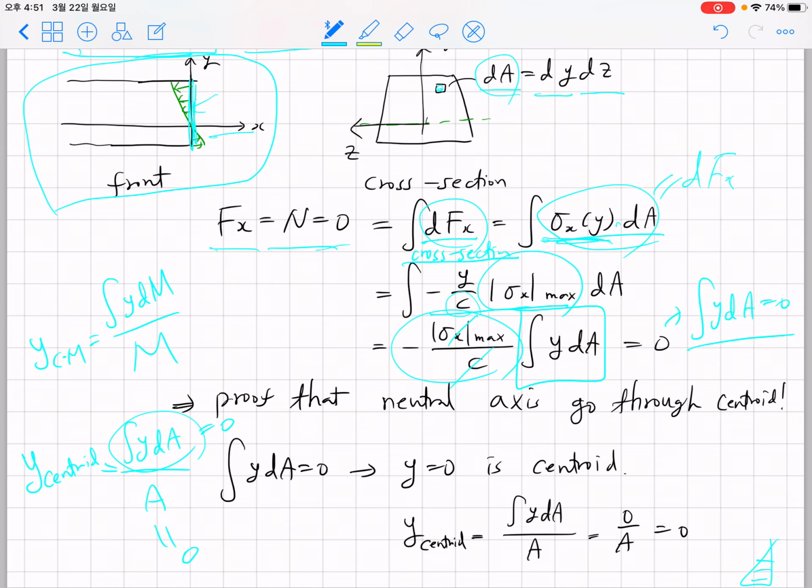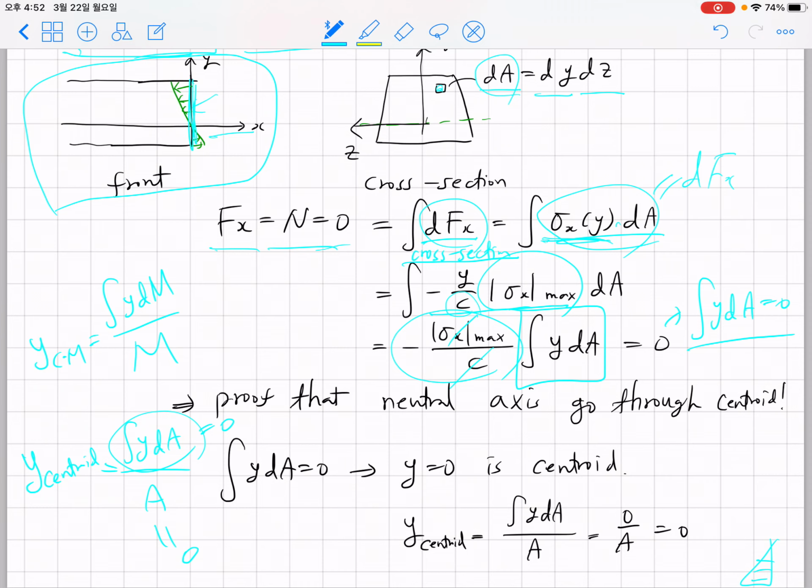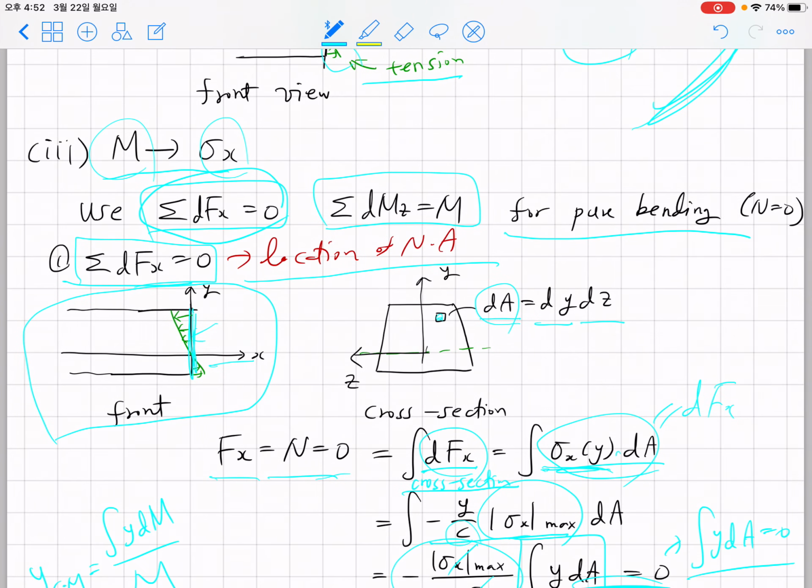So the implication of this result is that we define the neutral plane as y equals 0, the origin of the y-axis. Having defined the origin as the neutral plane, and after going through this mechanical equilibrium analysis, this equation implies that the integral of y dA must be 0. The implication is that the neutral plane corresponds to the centroid point. Okay, so this is the implication of the first condition.